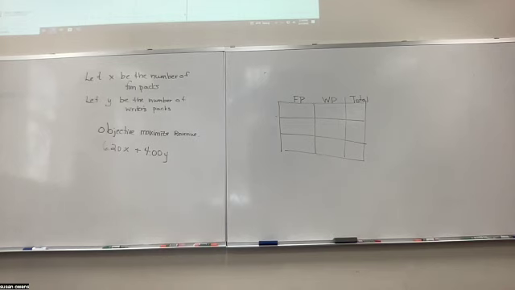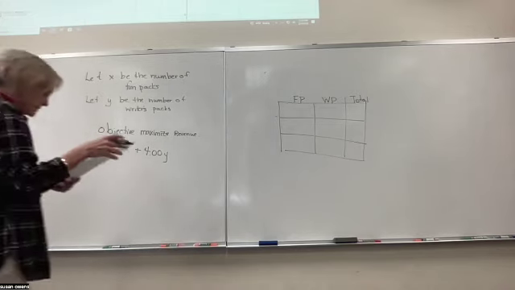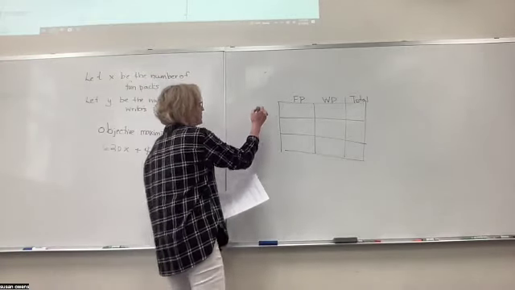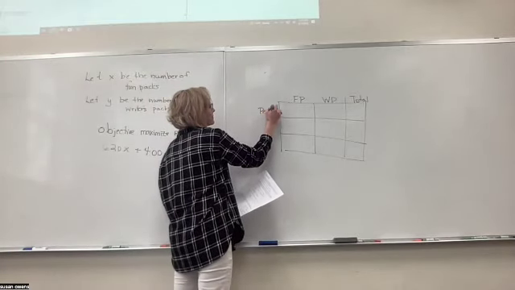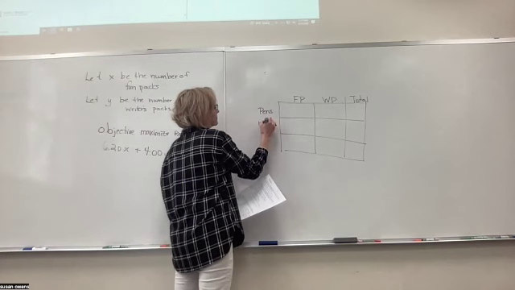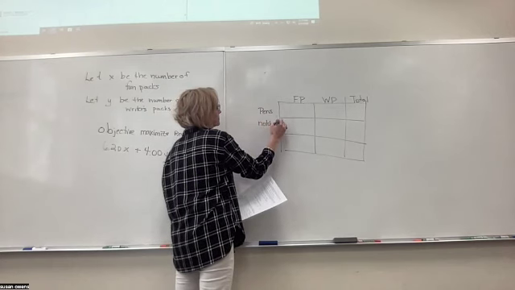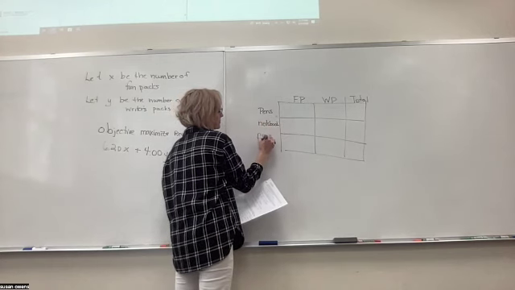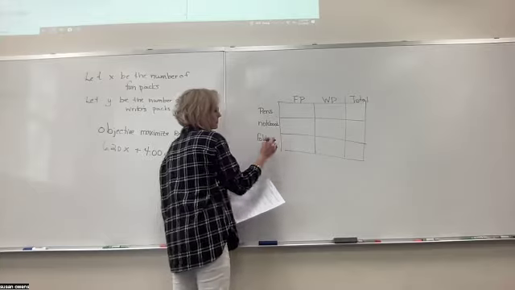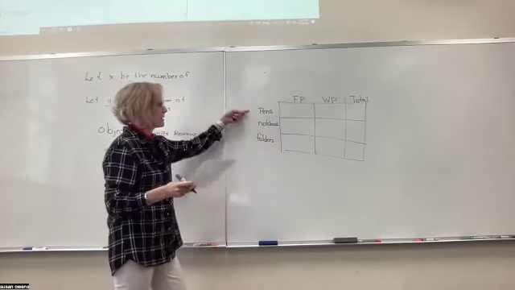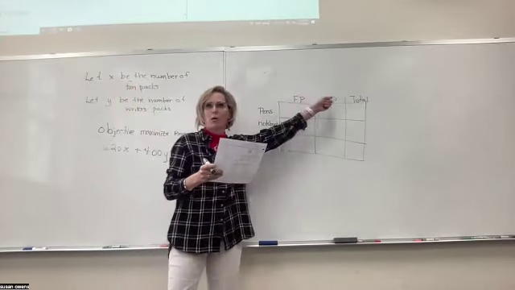Louder. I just couldn't hear you. What are we using to put these packs together? What are the resources? Yes, pens, notebooks, and folders. Okay, so these are the resources for our products.